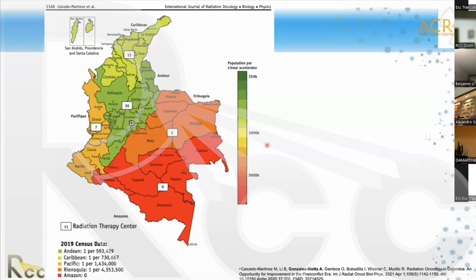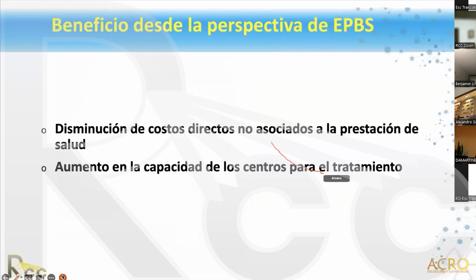So if treatment is shorter and lasts less, we are also benefiting the health companies because patients will spend less time outside of their home area.